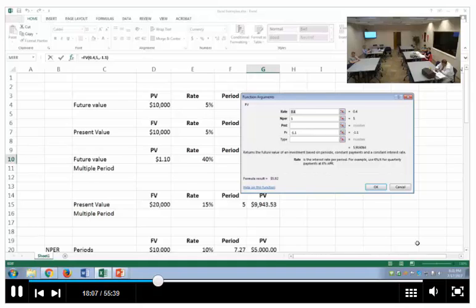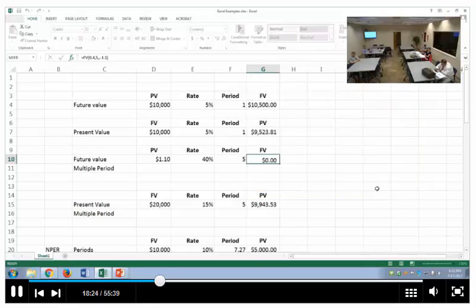Earlier, when we were dealing with 5%, it was 0.05. The number of periods is 5. The present value was $1.10, but I put it in as a negative. So we hit OK, and there's our 592. Everybody good?